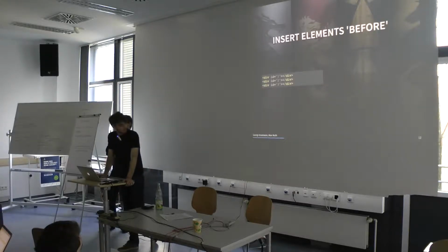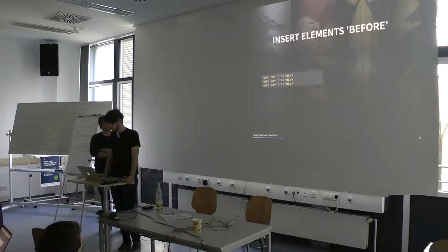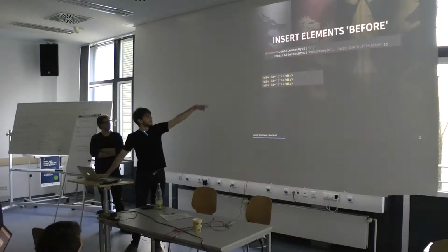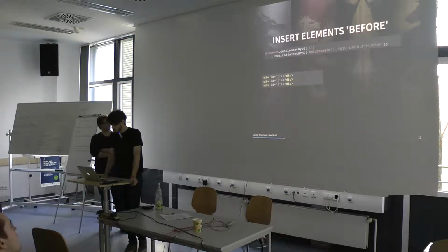So when we imagine that we have this document right now here, these are three divs in the HTML files, and we want to add some elements before the first ID. Let's say it's 0.9, and it's kind of long and ugly with JavaScript to write it and define it inside the tree.